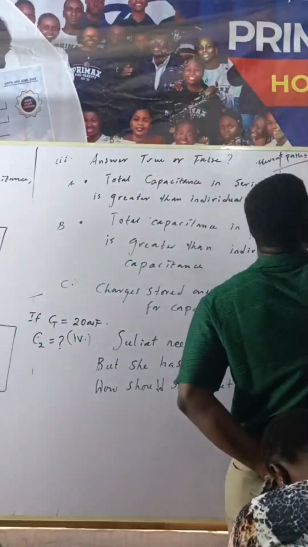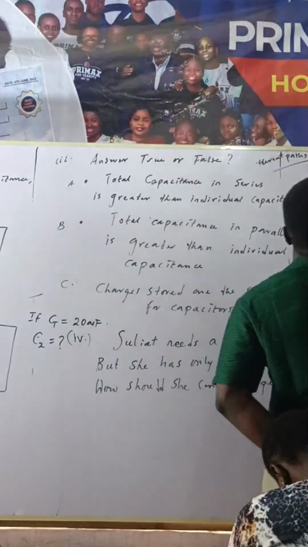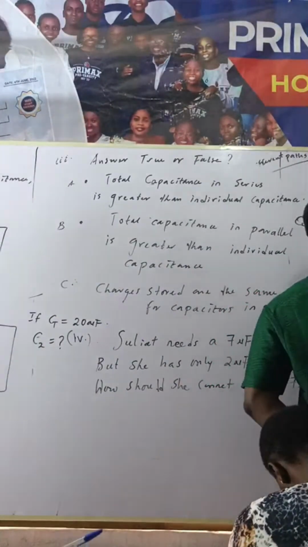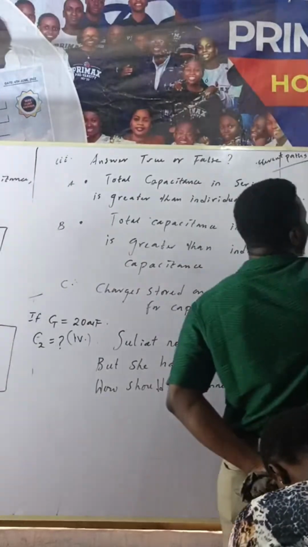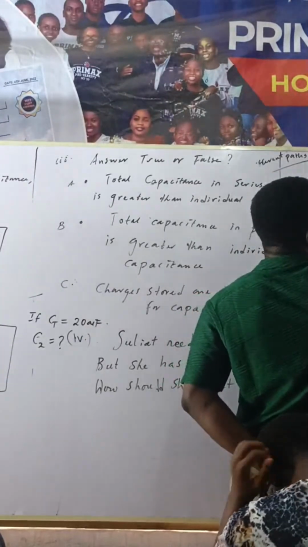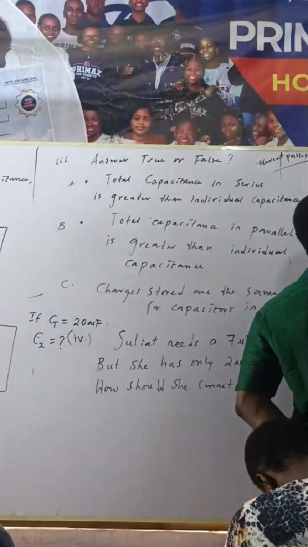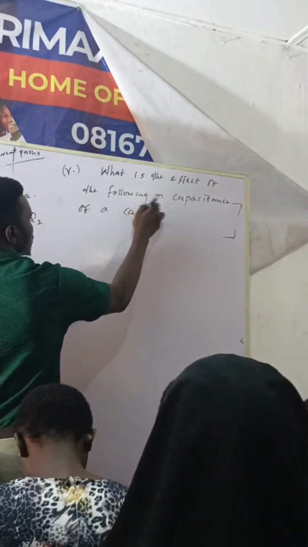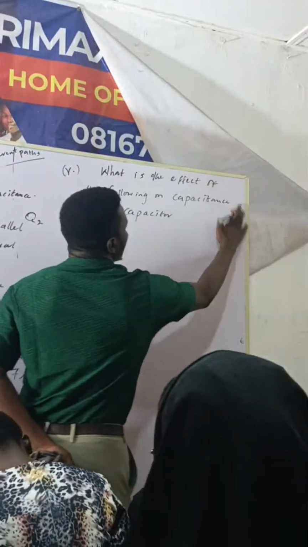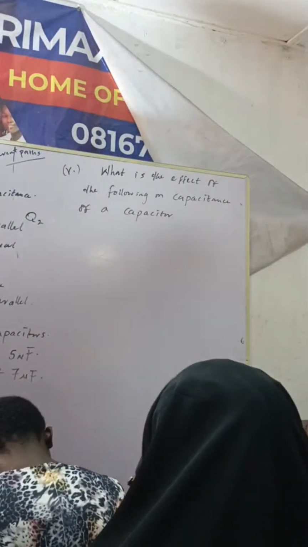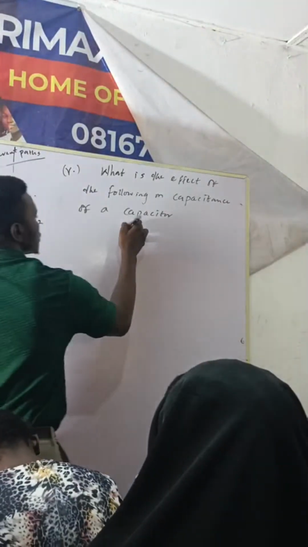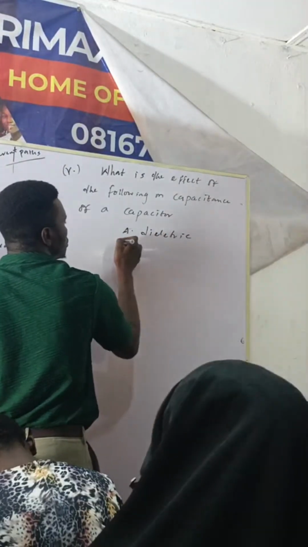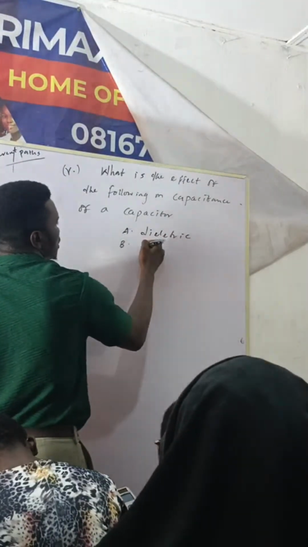Number 5. What is the effect of the following on capacitance of the capacitor? A. Dielectric.